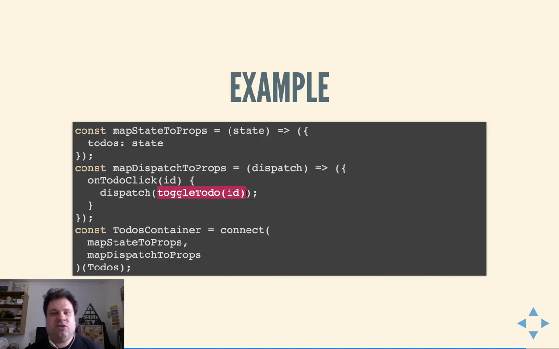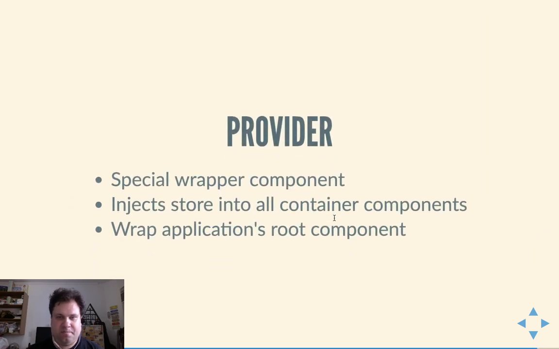You would actually have to create an object with a type parameter of TOGGLE_TODO, all caps. Also, it will need to have a payload with the ID and whatnot. So that would be an extra 3 or 4 lines of code here. It is much more compact to use action creators, and that's why they're so idiomatic in Redux.